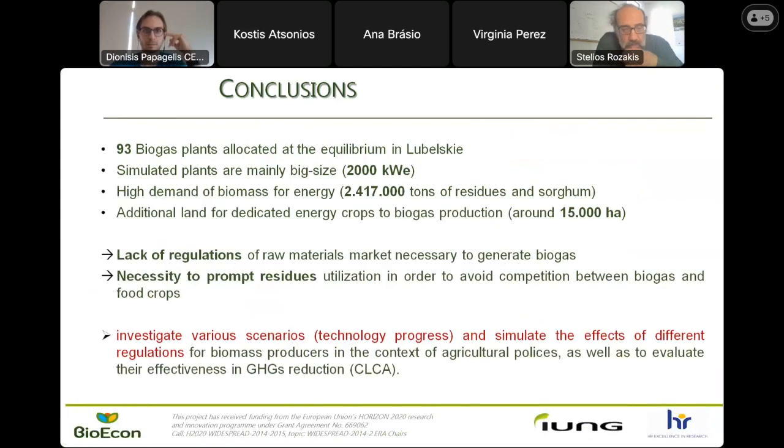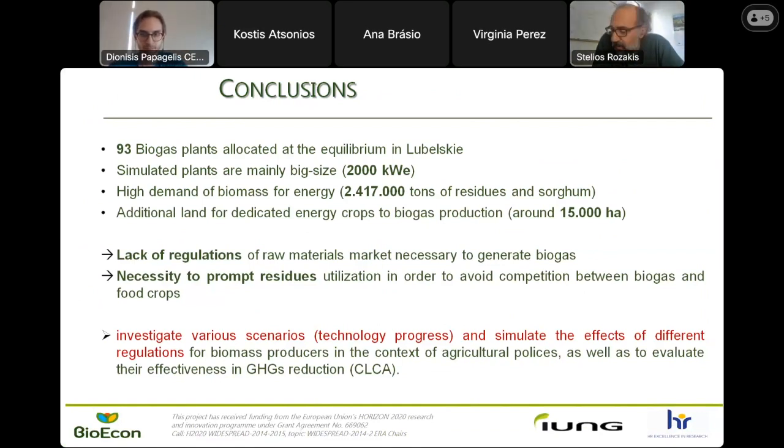So as a conclusion, we can have at the optimal solution the number of biogas plants that are efficiently operating according to the model in the region. So here we have an indicative number of 93 biogas plants.